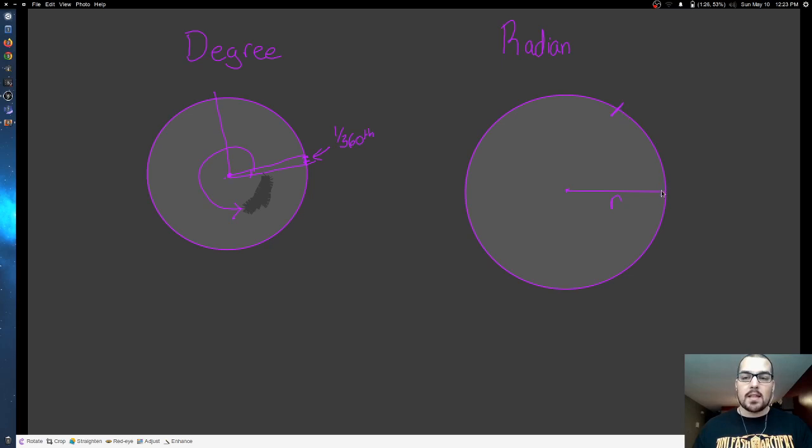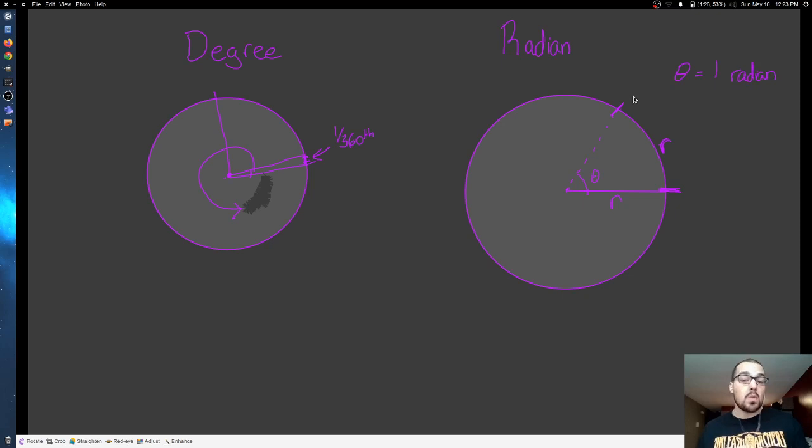And let's say this length of the circle, if I would actually take a tape measure and measure the outside portion of it, has the same length as the radius. The angle that would be required to open up that portion of the circle, right here, that measure is known as 1 radian. So in this case over here, my theta is equal to 1 radian.